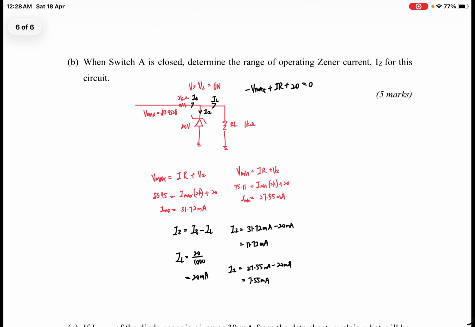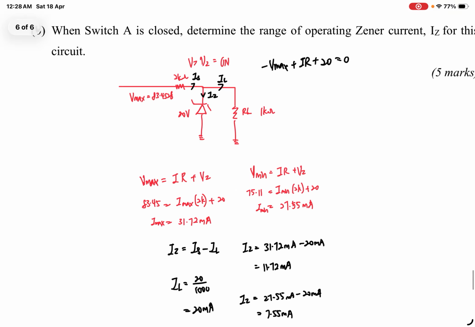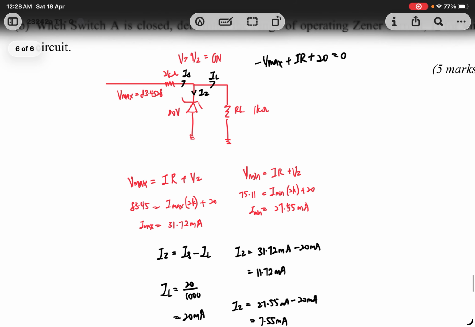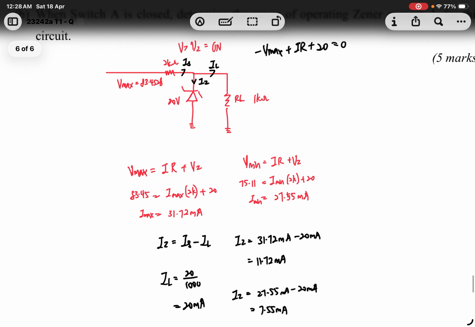When switch A is closed, we need to determine the range of operating Zener current IZ. Now we know V is 83.452. V is larger than Vz, so it's on. We know the V maximum equals IR plus Vz by using KVL.